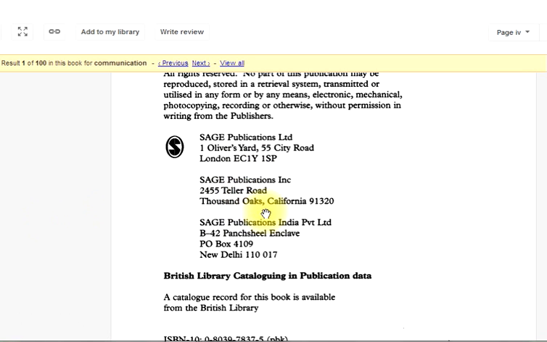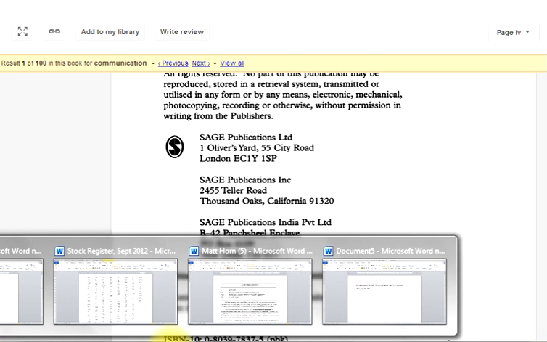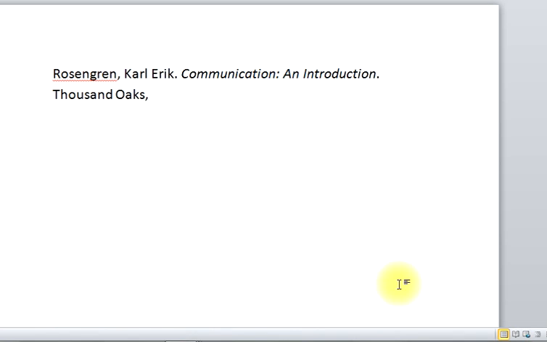Thousand Oaks, California, okay. And what you need to use for the state in MLA is the postal abbreviation. So think, how would you write this in a letter address? These are called the postal abbreviations, usually with two capitalized initials. Now, colon, and then we need the publisher, which is Sage.